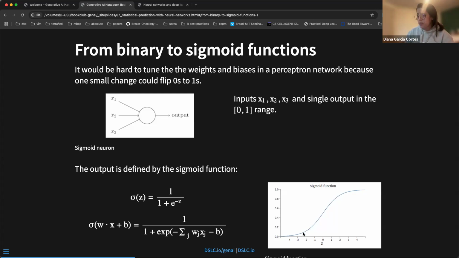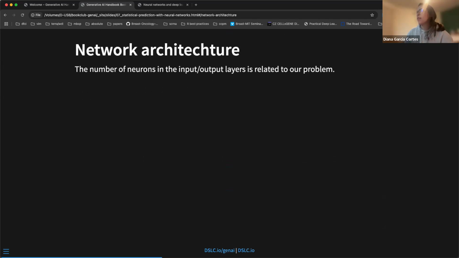We have outputs from 0 to 1, and we're not gonna go beyond that. But now we have a continuous function. These are the formulas, and this function is the one that we'll be using for our neurons.